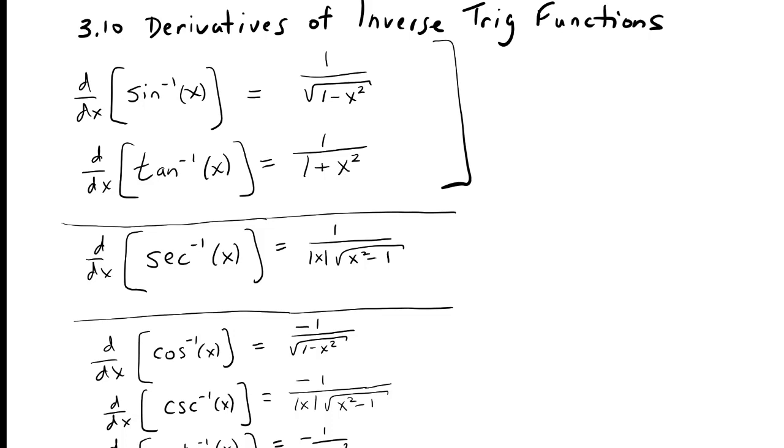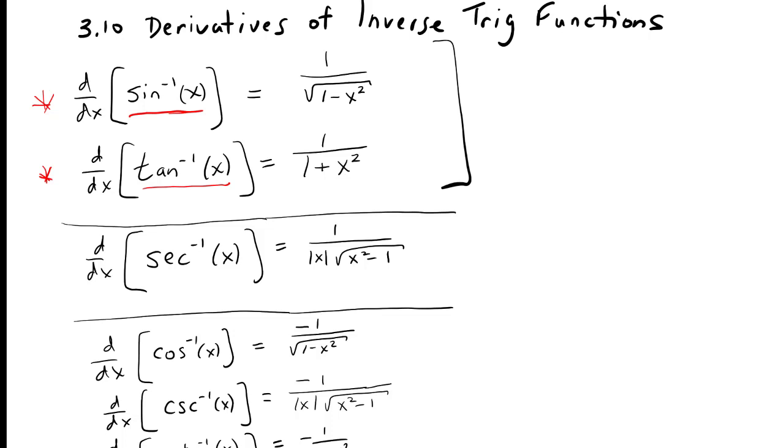The derivative of inverse sine is actually 1 over the square root of 1 minus x squared, while the derivative of inverse tan is 1 over 1 plus x squared. Those are the crucial ones, and so we want to know those by heart.